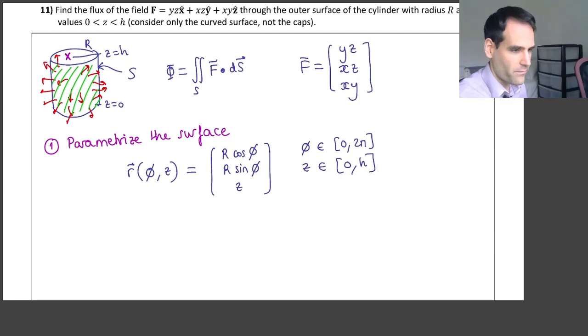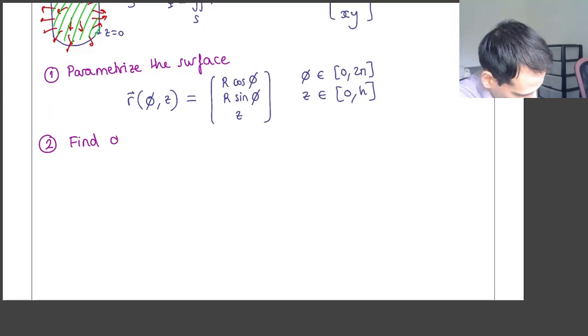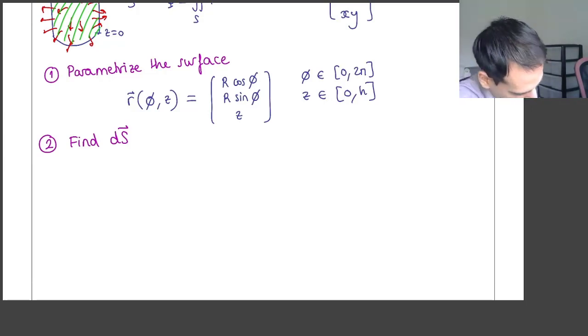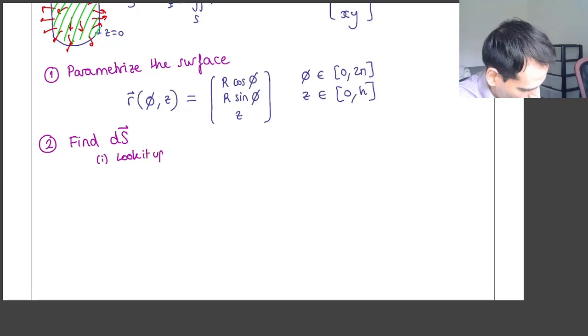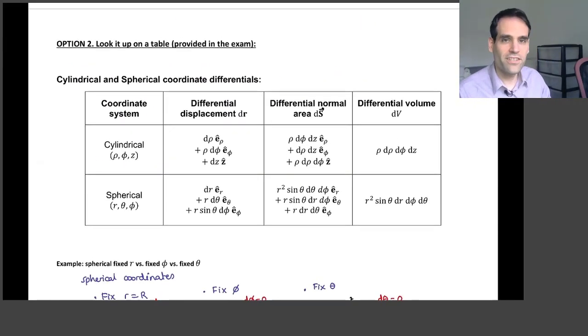So that's step 1. Step 2 is to find dS. Now I am going to look it up on the table. So this is our table.